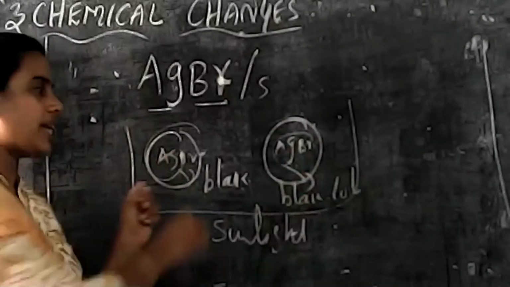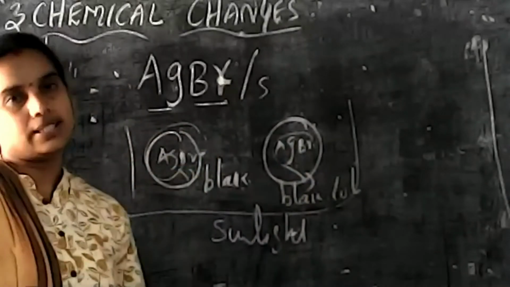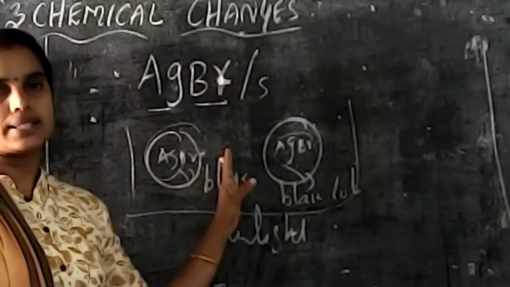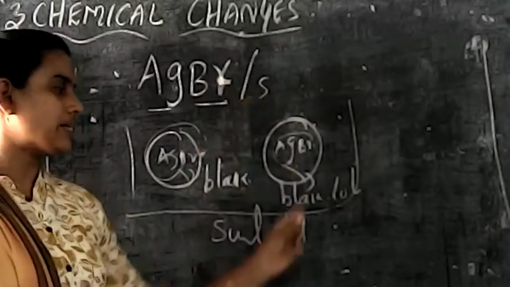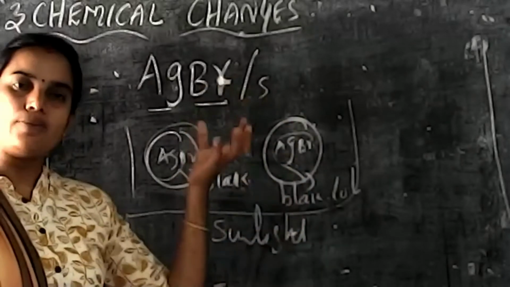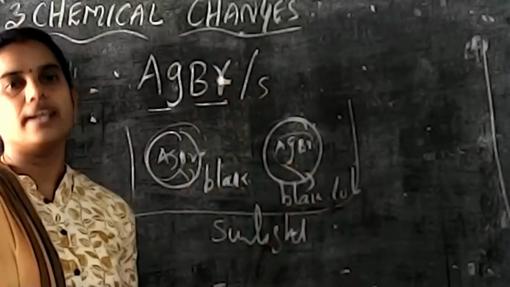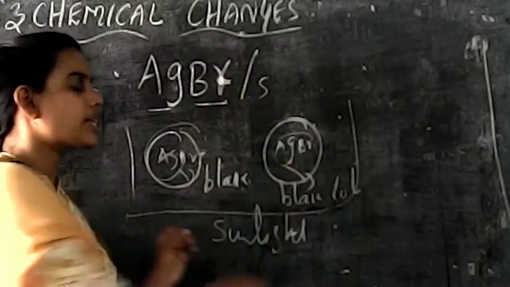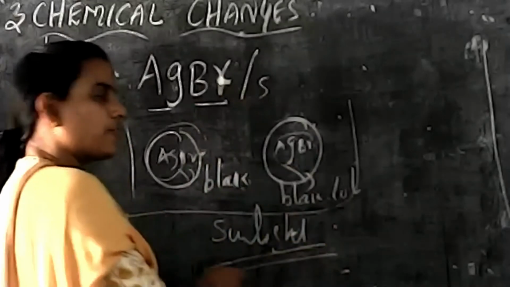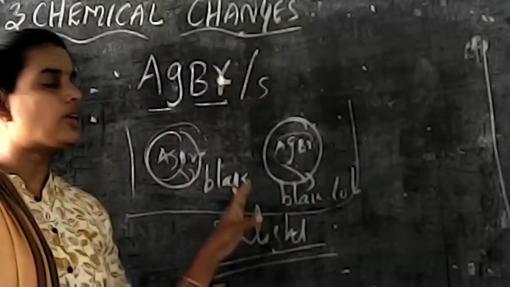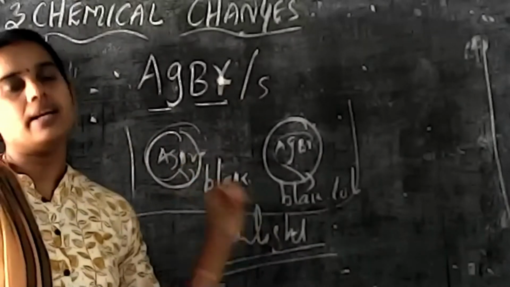There is no change in the covered watch glass. That means in the presence of sunlight it absorbs light energy and the color is changed. So here the reactions proceed in the presence of sunlight. That's why they are called photochemical reactions.